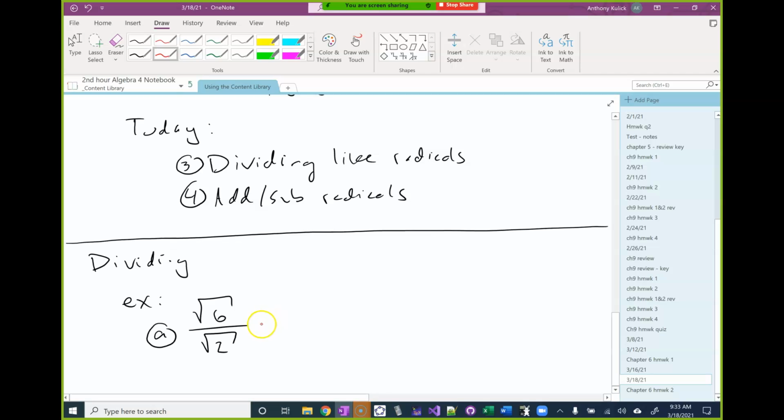Just put them both under the same radical. The advantage of doing that is that I notice that 6 and 2 reduce, right? What's 6 over 2 reduce to? 3. So we're done. Because the square root of 3 can't be simplified anymore. That's it.